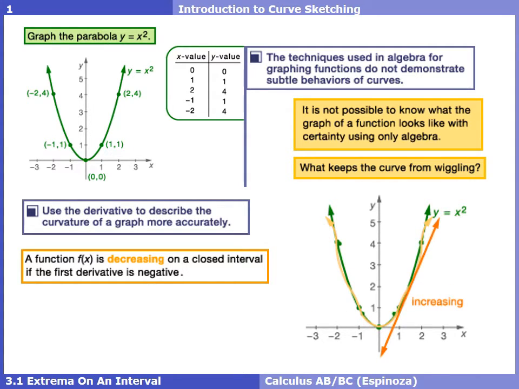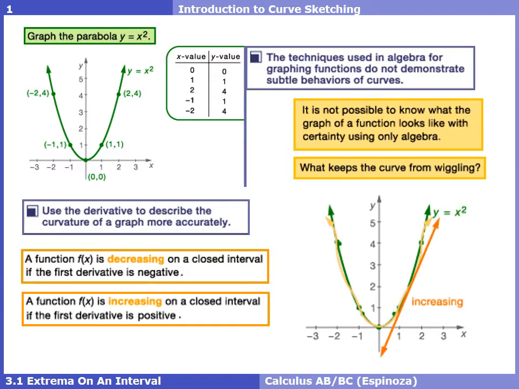The same can be said about increasing parts of functions, like the right side of a parabola. If a function is increasing, then the first derivative must be positive. Why is the first derivative positive? Well, the slopes of an increasing function are positive, and again, slope means derivative, so we know the derivative is positive.